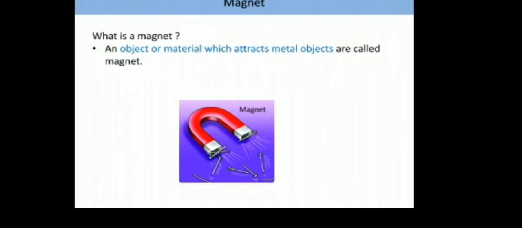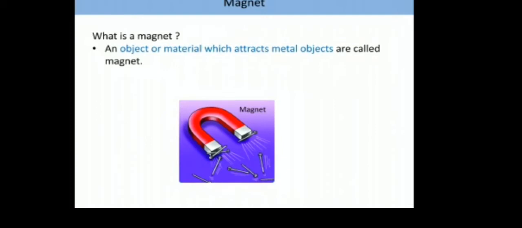A magnet has a very important property which is attraction. Sometimes it can even repel. We saw in the previous class that when like poles, the same poles, are brought together, either north poles of two magnets or south poles of two magnets, they repel each other.